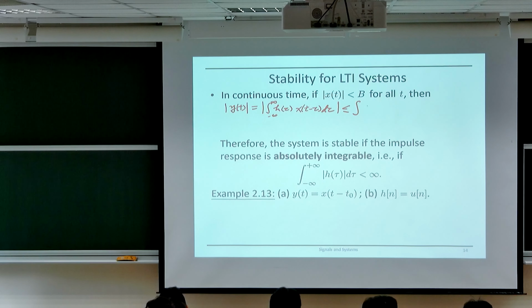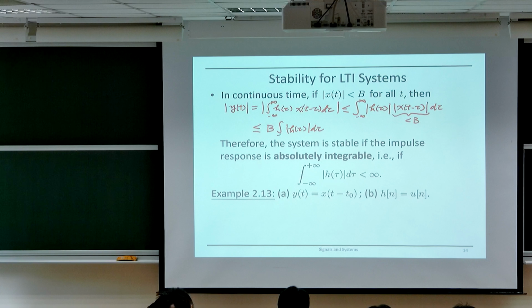So the integral of the absolute value of h times the absolute value of x d tau. And again, since x is bounded, we can further upper bound y(t) as B times the integral of the absolute value of h(tau) d tau.